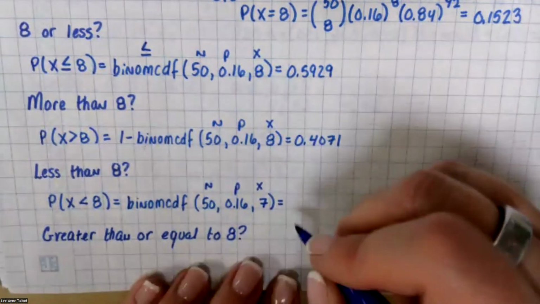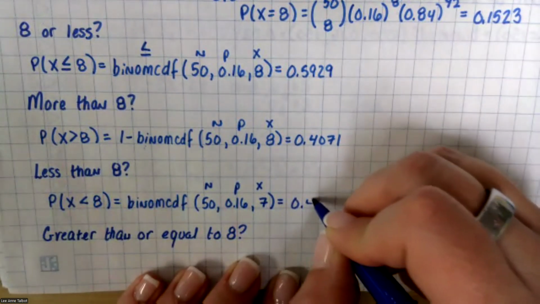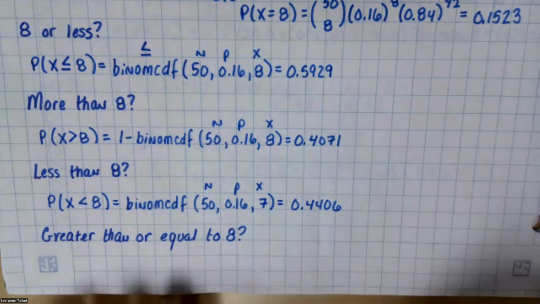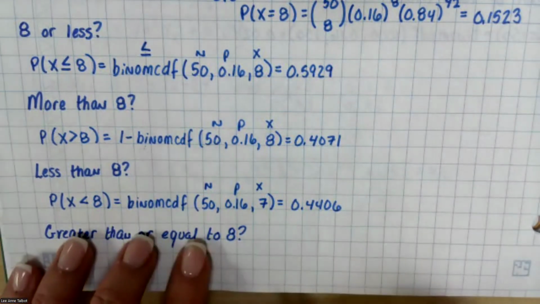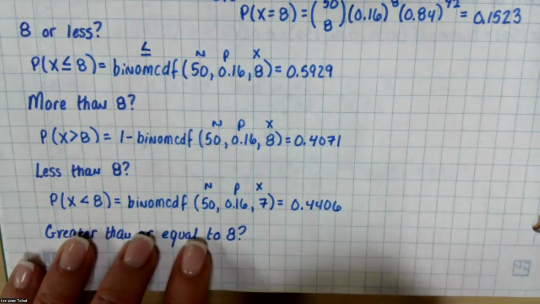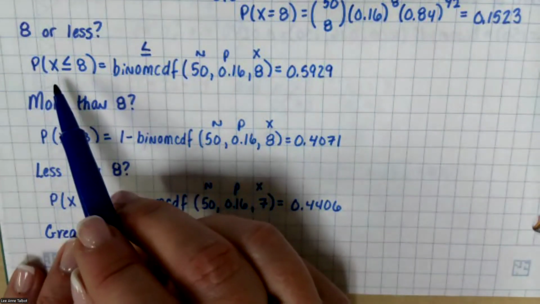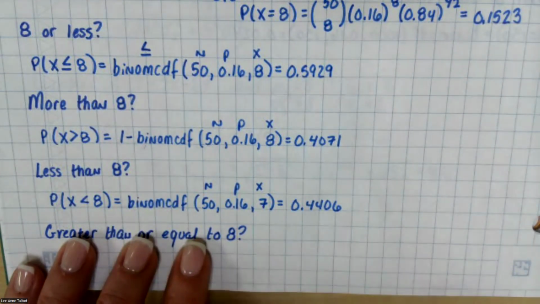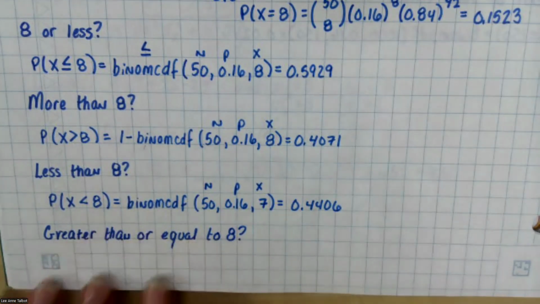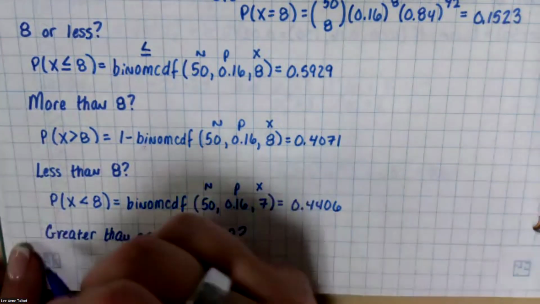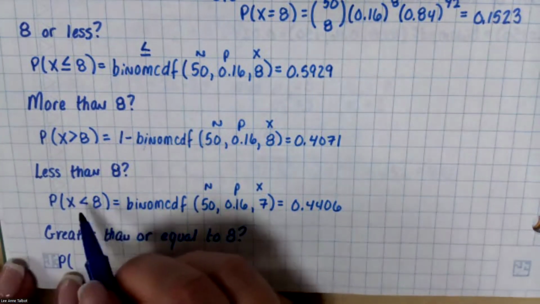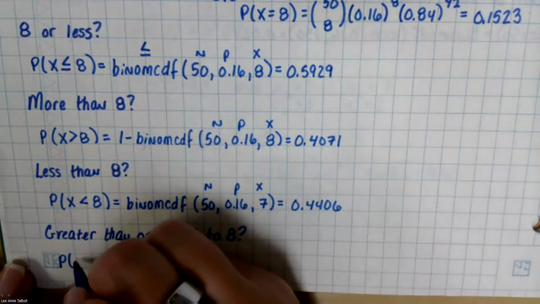You guys okay with me just writing down the stuff I calculated beforehand? Correct. Because this one's 8 or less, and this one's less than 8, so you don't include the 8. Oh, you're so smart. Okay, so the last one is the complement of this guy. It's the opposite of this one.